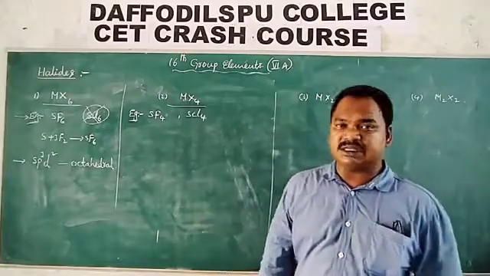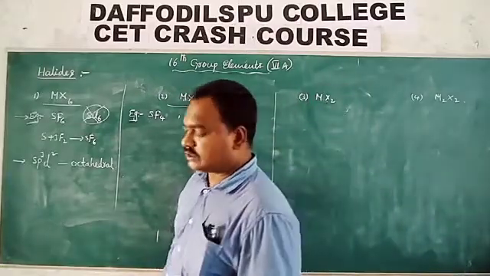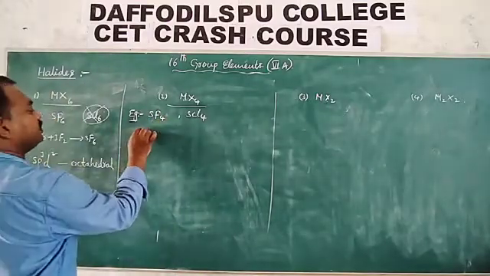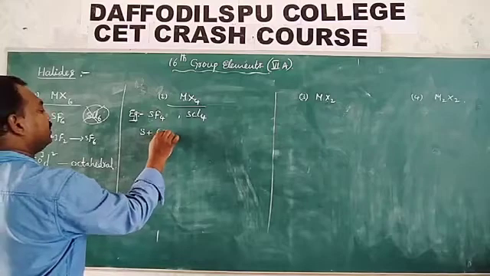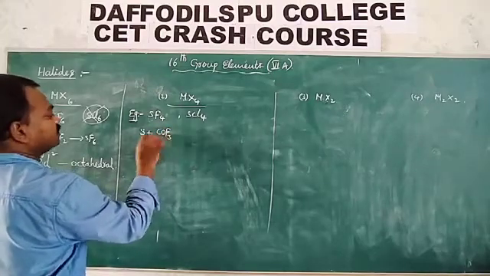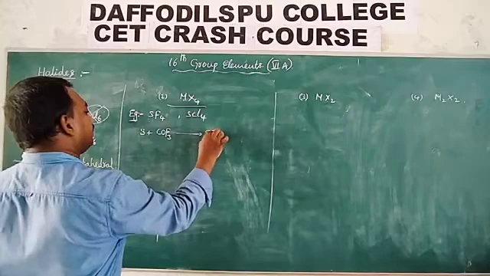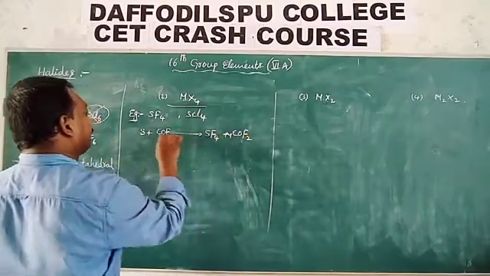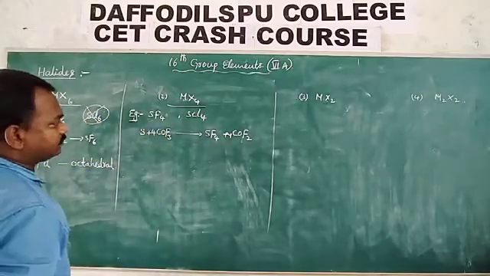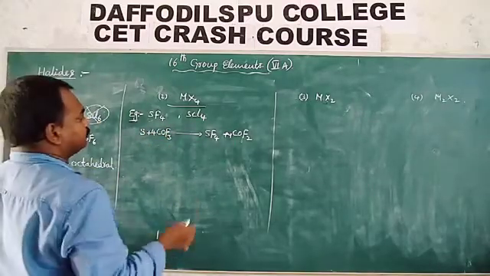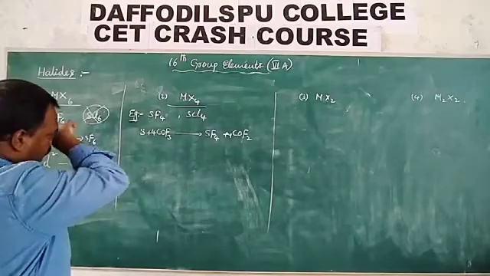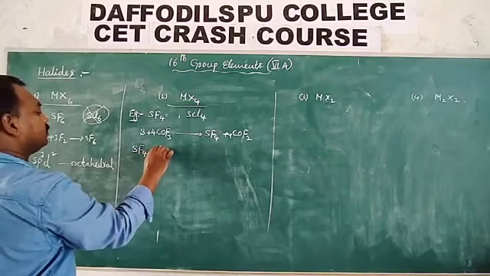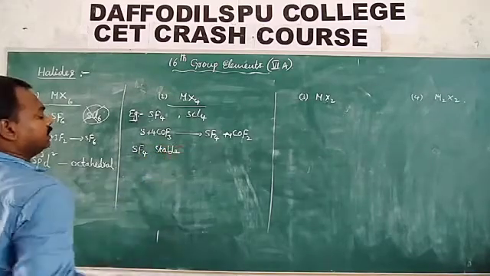But the yield of SF4 is very low. Hence SF4 is obtained by treating sulfur with cobalt fluoride, CoF3. Then we will get SF4 plus CoF2. This SF4 is a stable fluorinating agent.